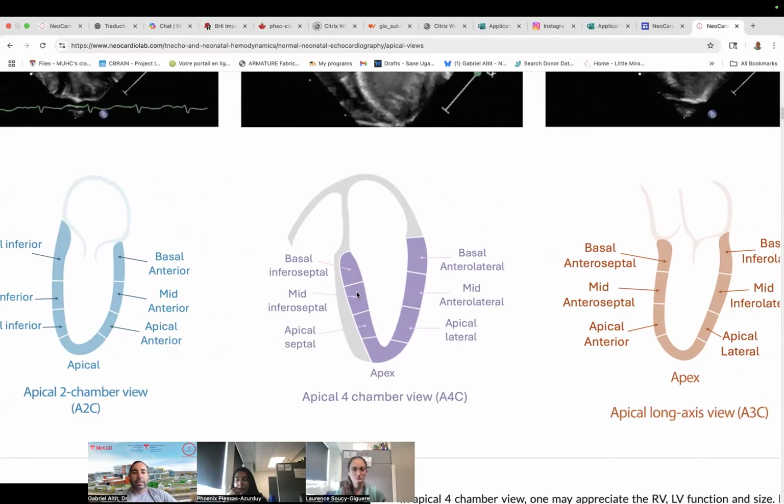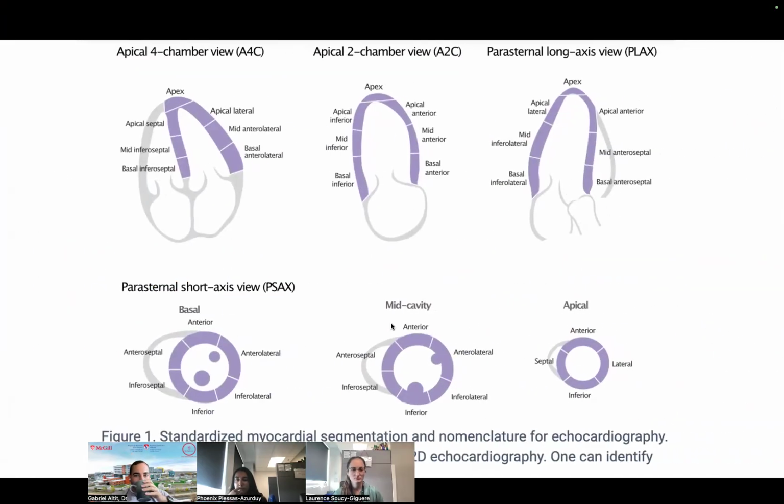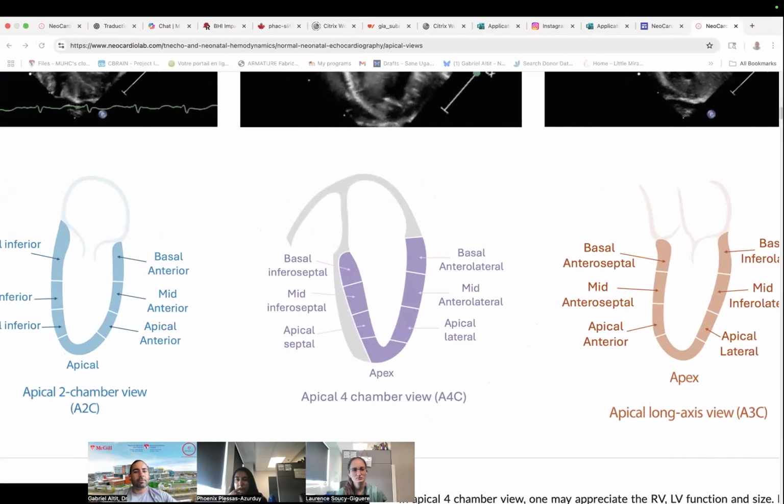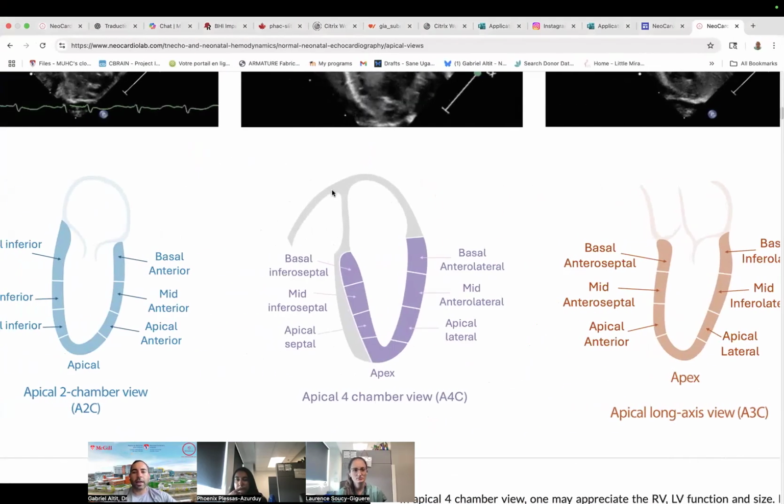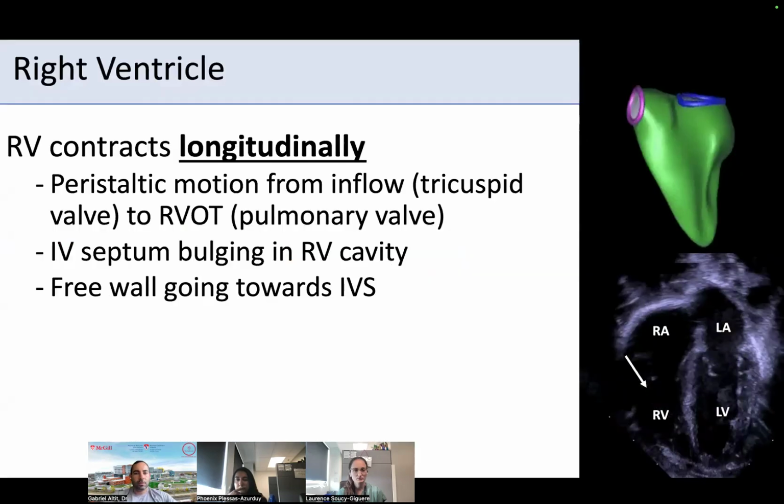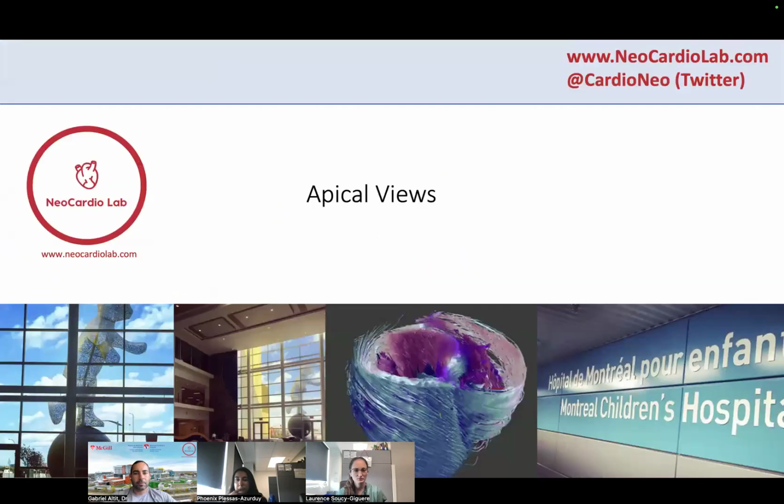In the four chamber, you remember we said this wall is more anterior, this wall is more inferior. Actually, am I lying? Yes. More anterior, more inferior. Let me get back to you. I think I told you a small lie.